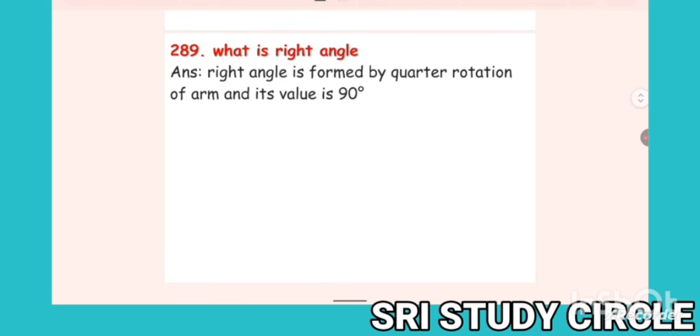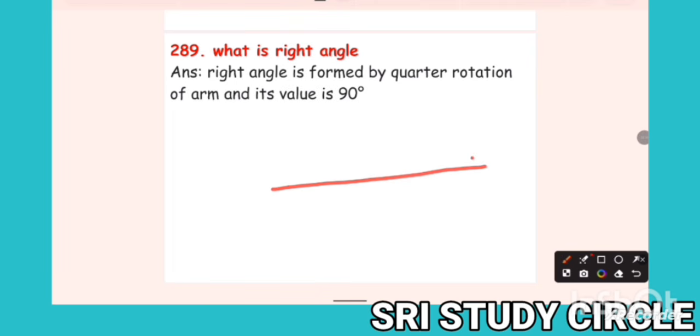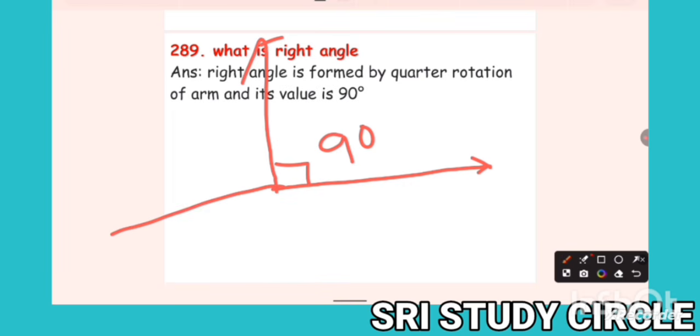What is a right angle? Suppose this is a fixed ray. Now the terminal ray is perpendicular to the fixed ray, so it is known as one right angle. The angle between initial and terminal ray is known as a right angle, that means 90 degrees.